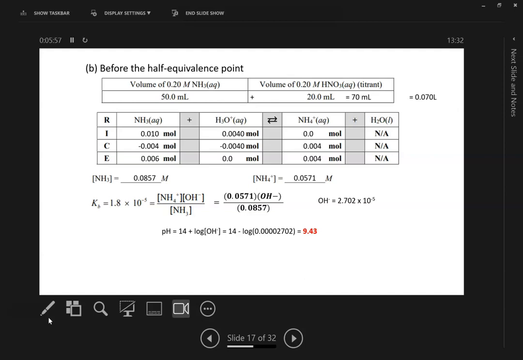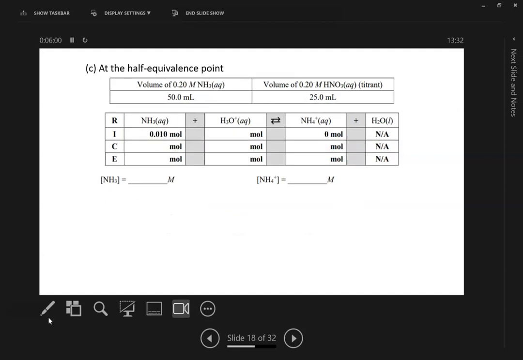All right, we go to our half equivalence point. Remember, the half equivalence point is when we're halfway to the equivalence point. So now we have 0.005 moles of H3O+. We subtract those 0.005 from both sides, and we get 0.005 of NH3 and 0.005 of NH4+, and we divide by the total volume, which is now 75 milliliters.